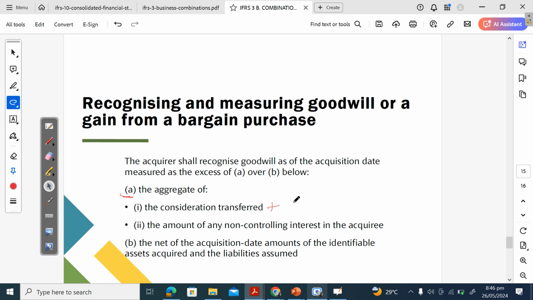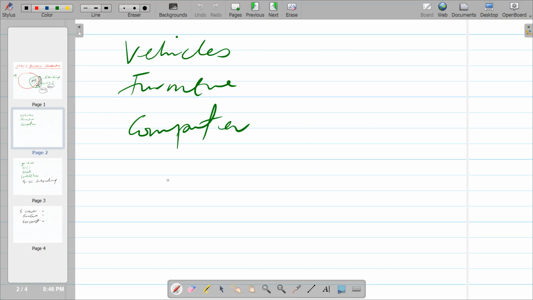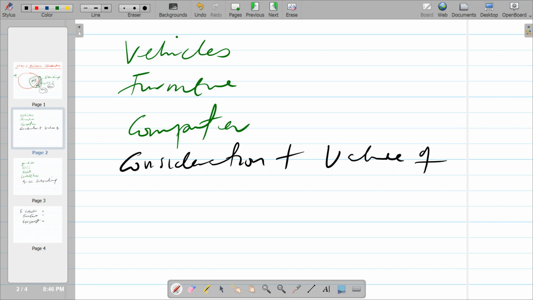So goodwill is the difference between the consideration offered plus the value of the NCI minus the net assets of the subsidiary. This is the definition of goodwill: the consideration plus the value of NCI minus the net assets of the subsidiary.